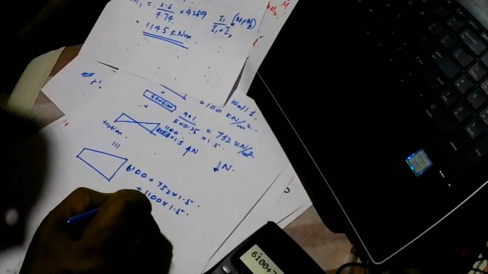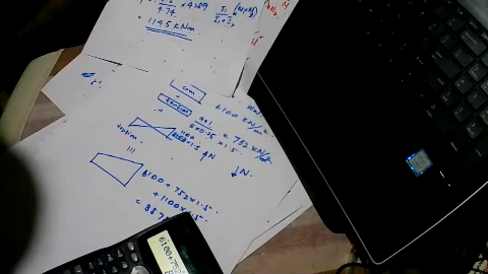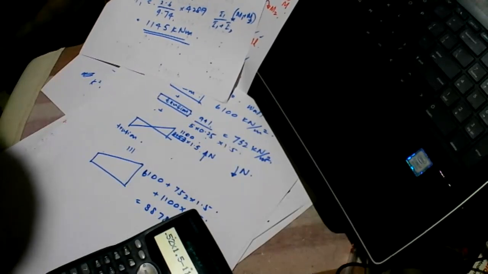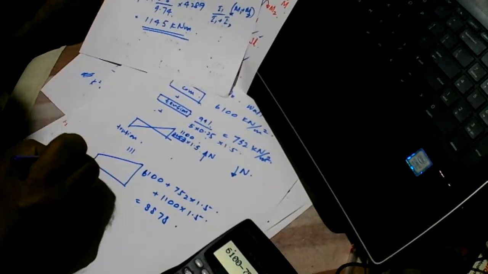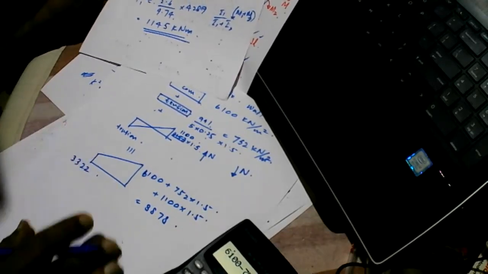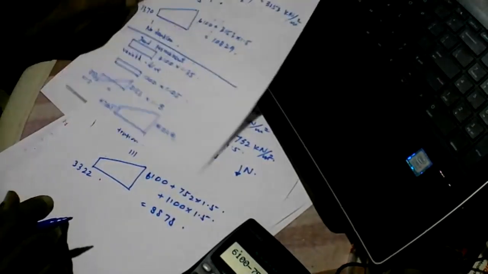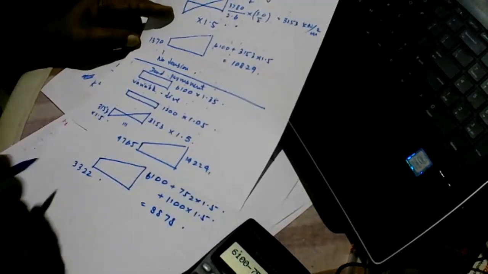So you get 8878. And on this side you get 6,100 minus 752 into 1.5 minus 1100 into 1.5. 332. And if you compare that with the earlier stresses, earlier we got 1370.